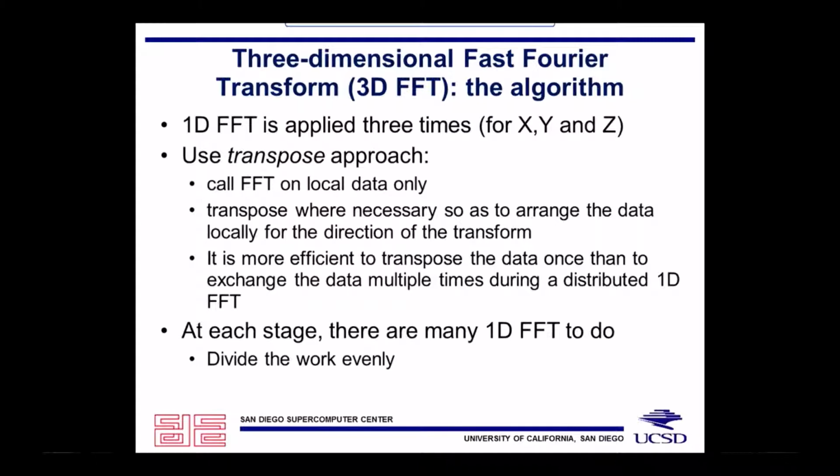So you need to transpose the data, send the data around, rearrange it so that when the time for FFT in a given dimension comes, all the data is local. This is the most efficient way to proceed. And then at each stage, there are so many one-dimensional FFTs to do, and you can do this work in parallel. Let's go to the next slide.